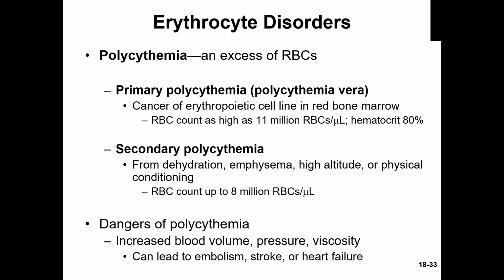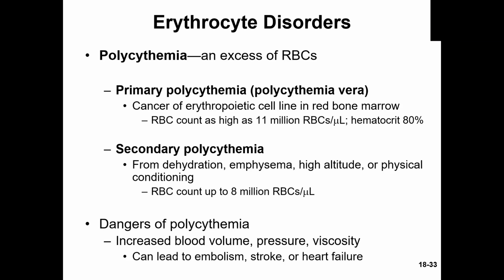In secondary polycythemia, this can be from dehydration, respiratory failures or diseases, high altitude, or intense exercise. And you can get your RBC count up to 8 million. The dangers are this. Because there are more formed elements, packed cells, right?